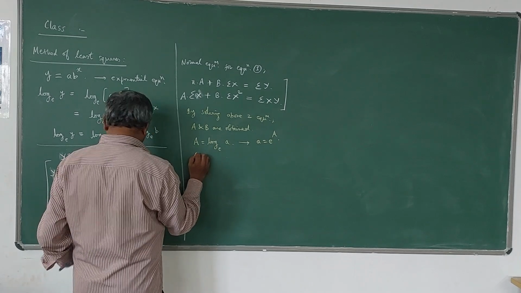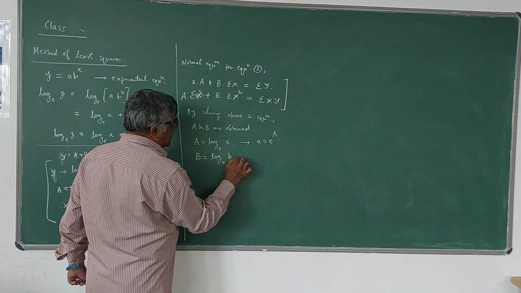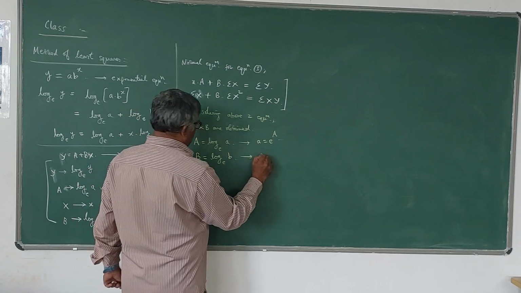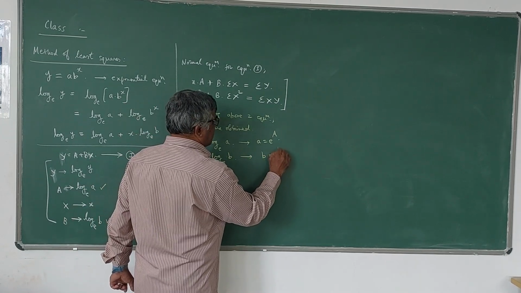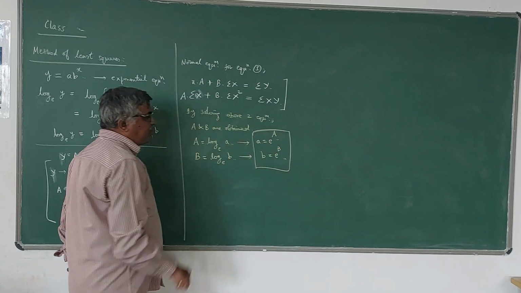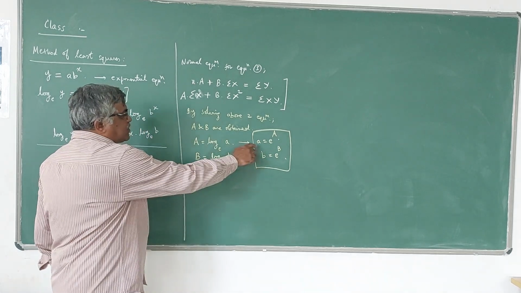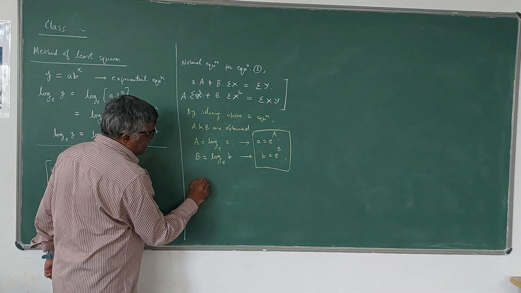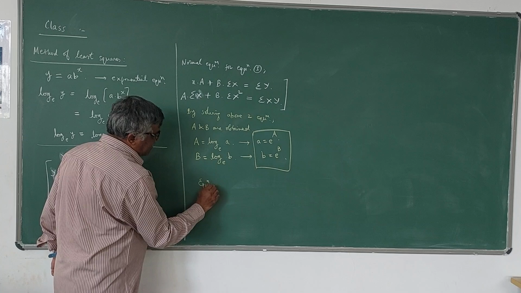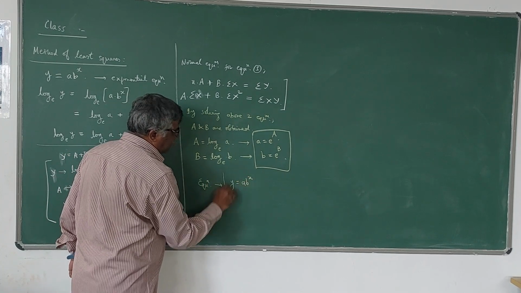The other one is capital B is equal to log b to the base e, which means small b is equal to e to the power of capital B. So after obtaining capital A and capital B, we can get small a and small b using these relations. Once you get small a and small b, we can finally write the required equation y is equal to a into b to the power of x.